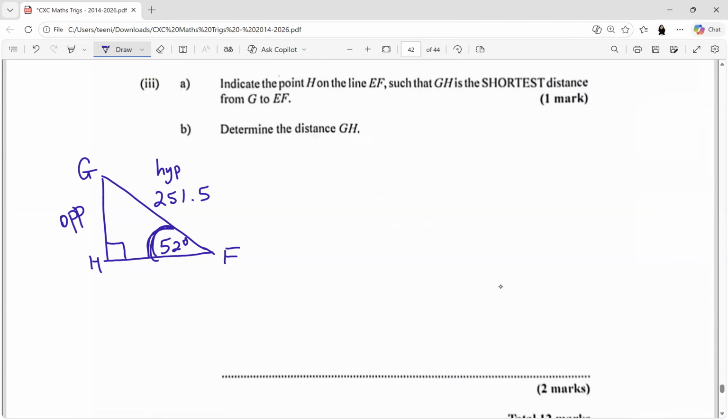So I can use the ratio that uses opposite and hypotenuse, which is sine. So using sine theta is equal to opposite over hypotenuse. Sine of 52 degrees is equal to the opposite side, that's GH, over the hypotenuse, which is 251.5.